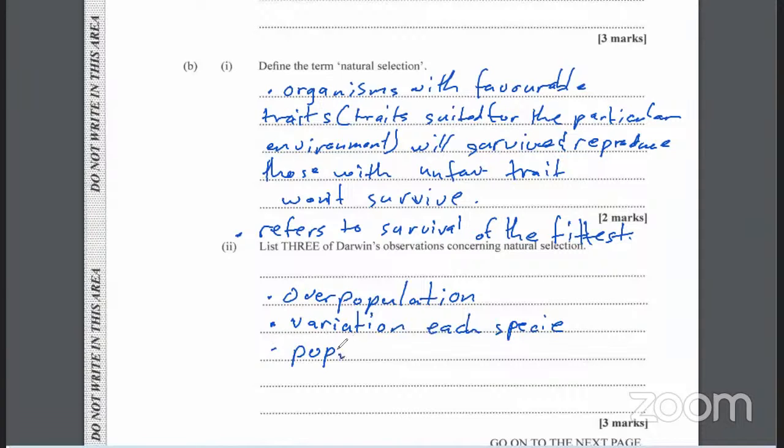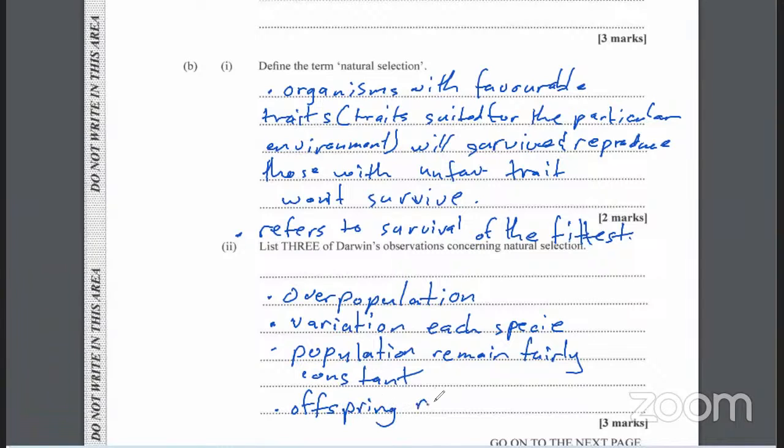The population remains fairly constant or stable, so there's no drastic change in it. And of course, the offspring resemble their parents, so offspring look like parents.